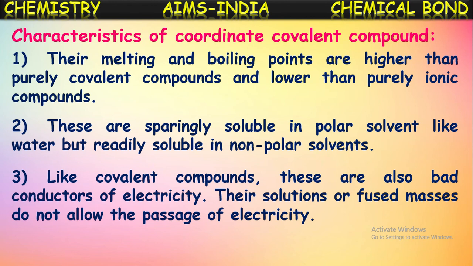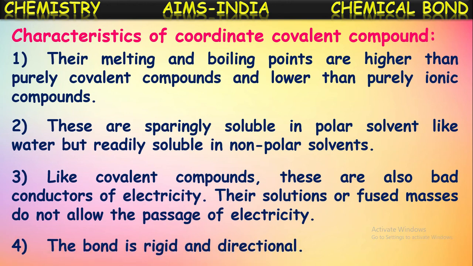They do not form any ions. That's why coordinate covalent compounds are bad conductors of electricity. They cannot pass electricity through them because there is no formation of any ions in the aqueous form or in the fused form.